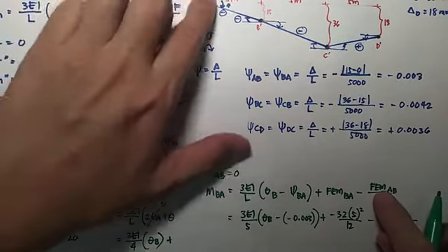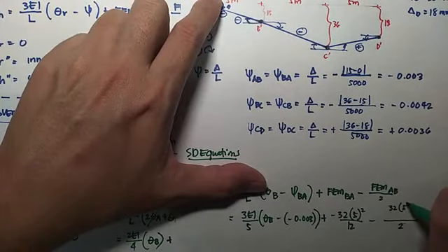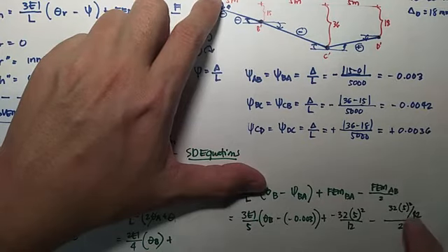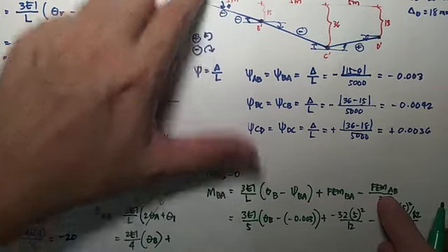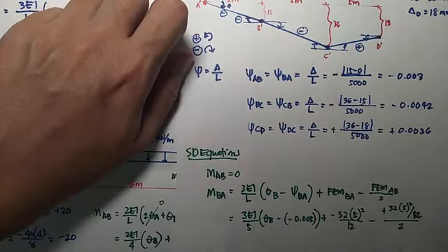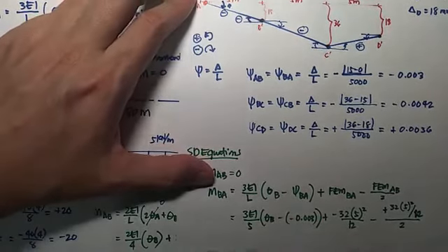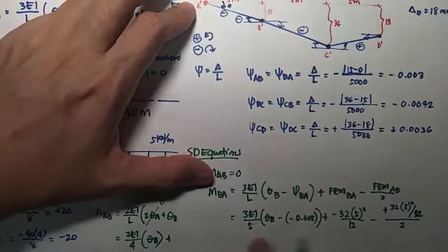What is FEM sa AB? Ganun din, diba? 32 L square over 12. Anong sign ng FEM sa AB? Ito yung nasa kaliwa, which is counterclockwise, so positive. So, yan ngayon yung slope deflection equation natin for BA.